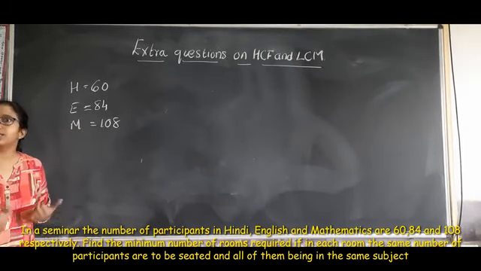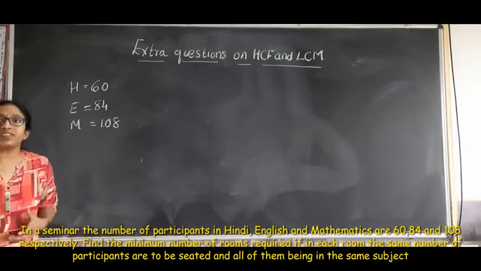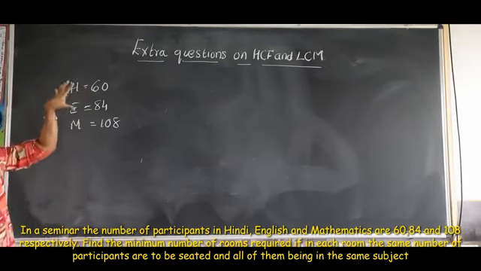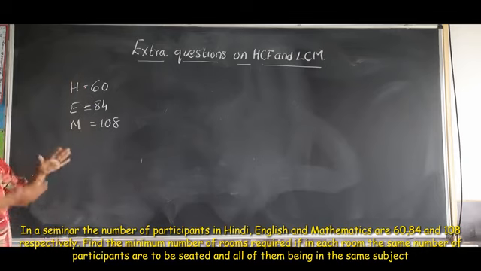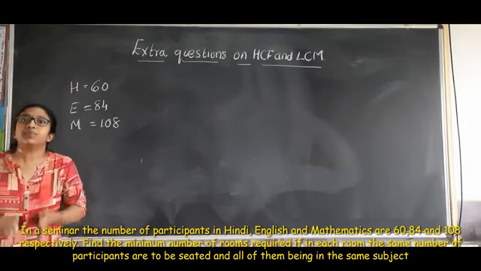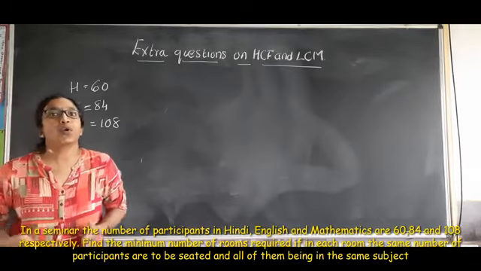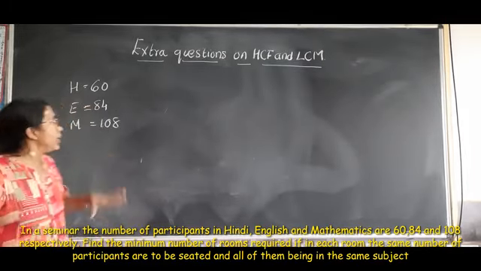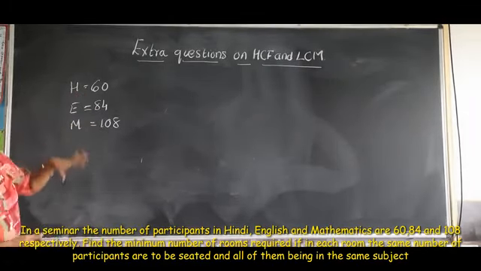No. A simple logic. So obviously we have to take the highest common factor of these three, so that we get the minimum rooms, and with minimum rooms we get the maximum number of participants that can be accommodated in a room.